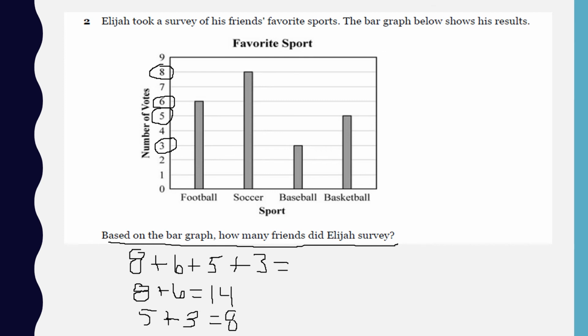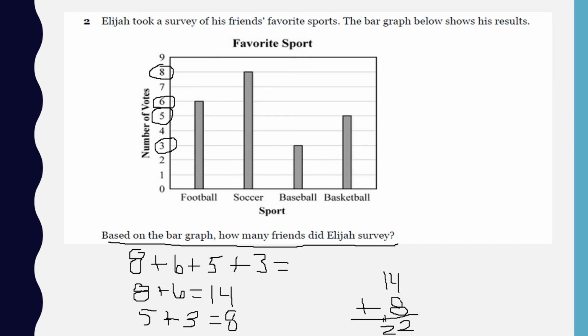Now I'm going to take my totals and use them to solve for my combined total. Four plus 8 is 12. One plus 1 is 2. So my answer is 22.